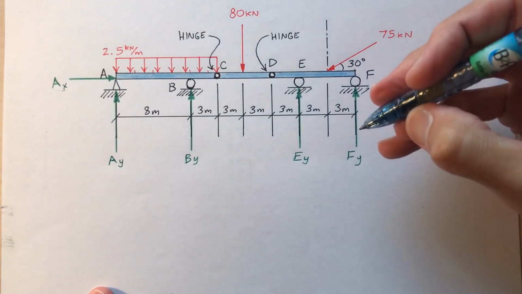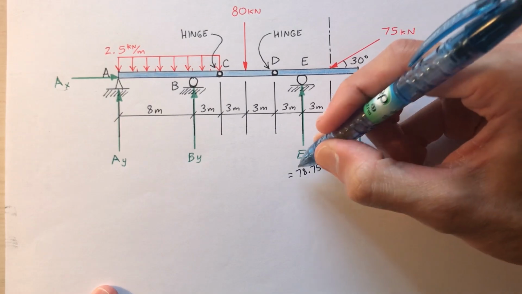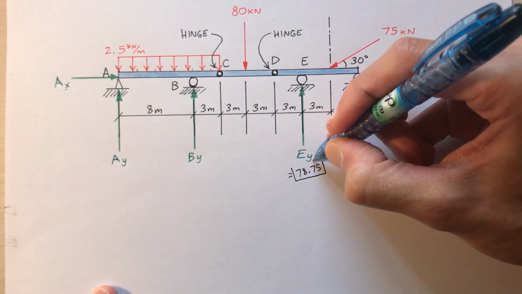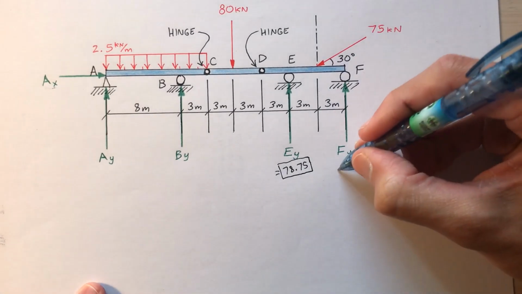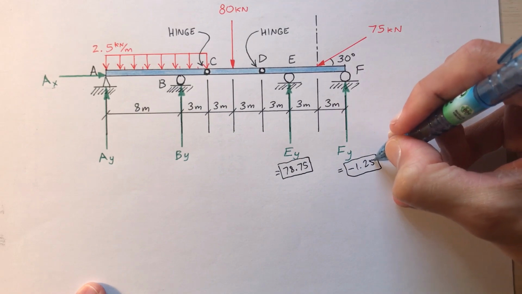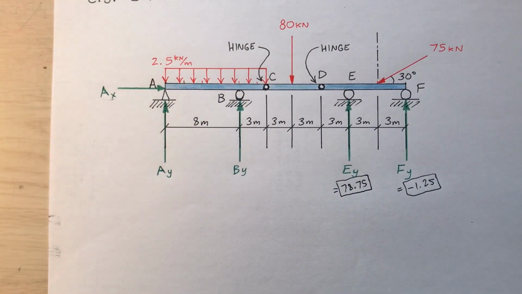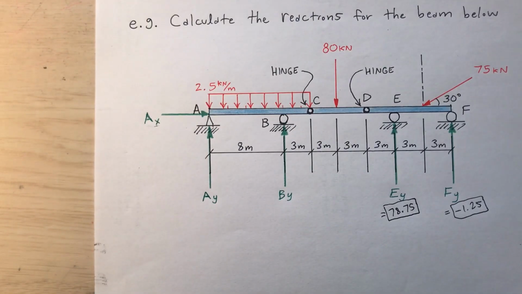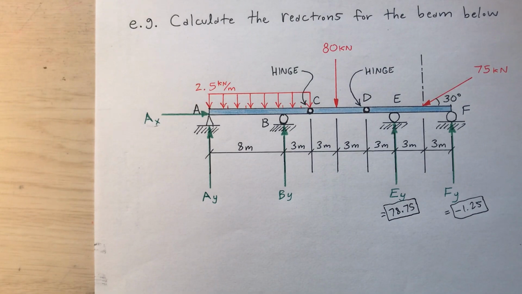So E sub y, 78.75 kilonewtons, and then F sub y, negative 1.25. But I still have A sub y and B sub y, don't I? I don't think I've analyzed portion AB yet, have I? I haven't analyzed that yet.